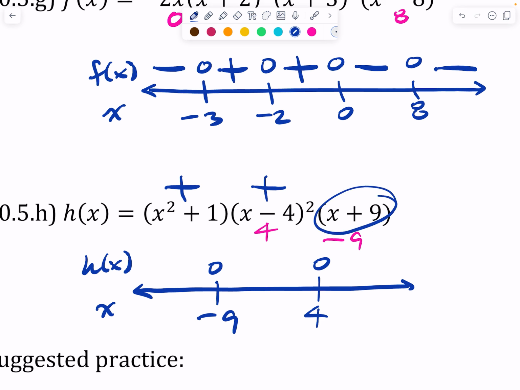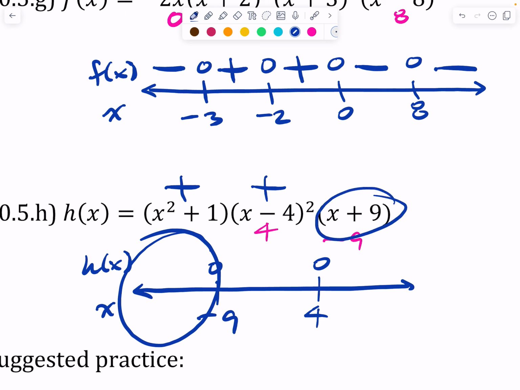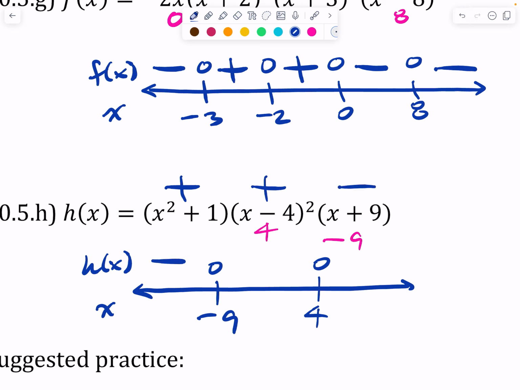It's really just this x plus 9 that could change anything. If we plug in something in this zone, like negative 450,000, negative 450,000 plus 9 is negative, making that whole region negative. We switch over the negative 9. We stay the same over the 4. And then that one is done.